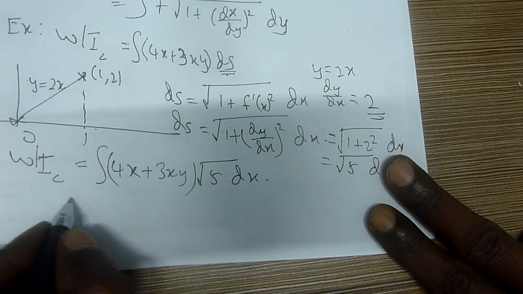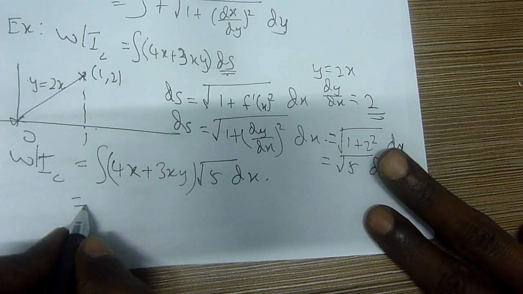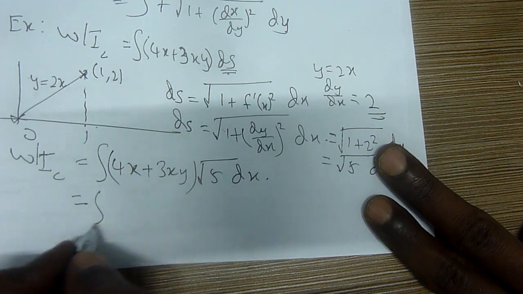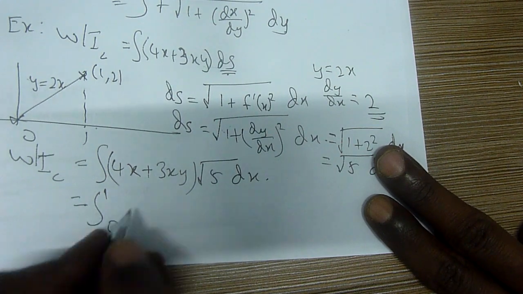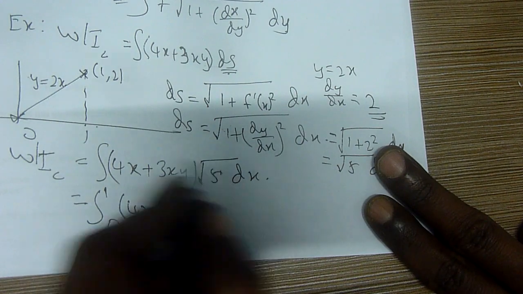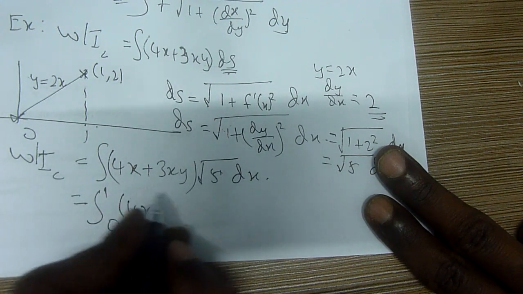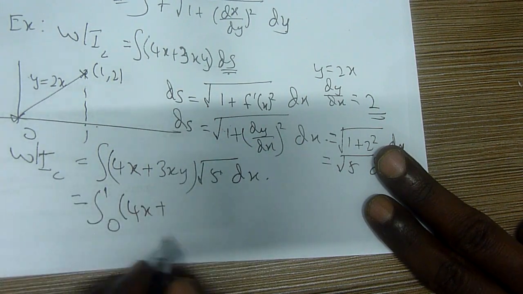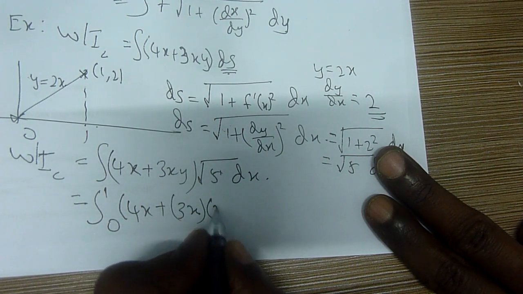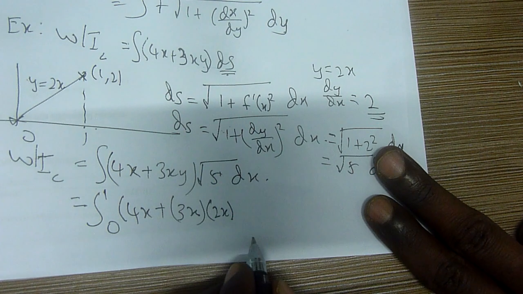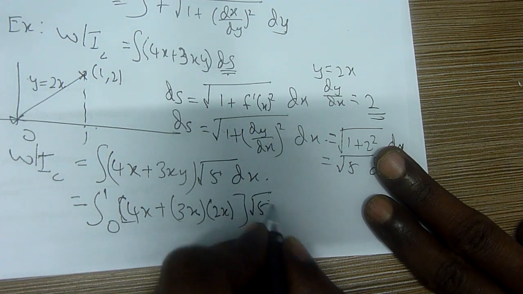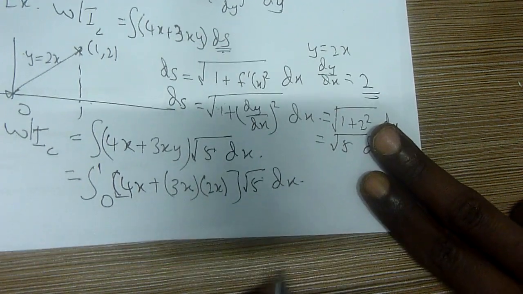With that, can I calculate? Yes. Can I change this dy? Can. This is 1 to 0, 4x. You can bring this to the front, x, 2x, the overall square root of 5 dx.